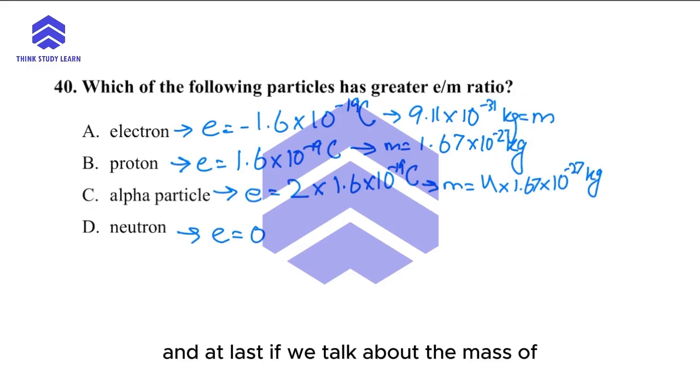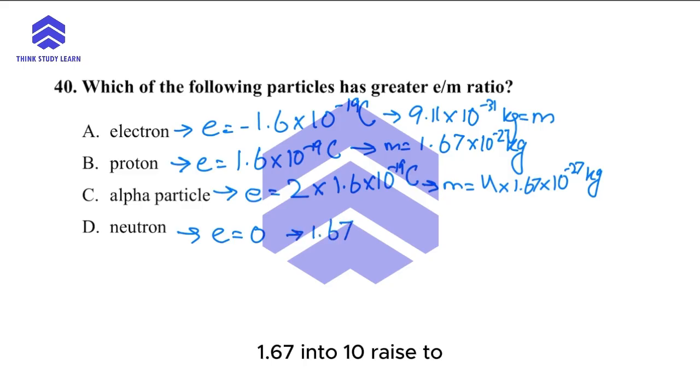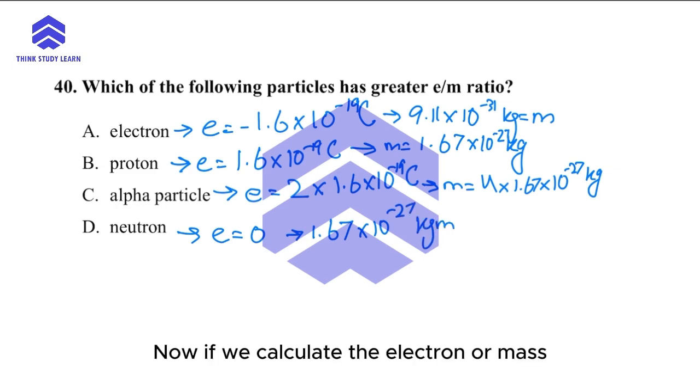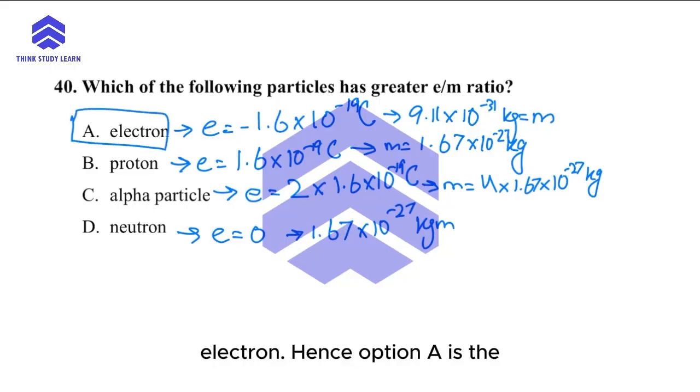And at last, the mass of the neutron is 1.67 into 10 raised to the power of minus 27 kilogram. Now, if we calculate the e by m ratio, it will be the highest for the electron. Hence, option A is the correct answer.